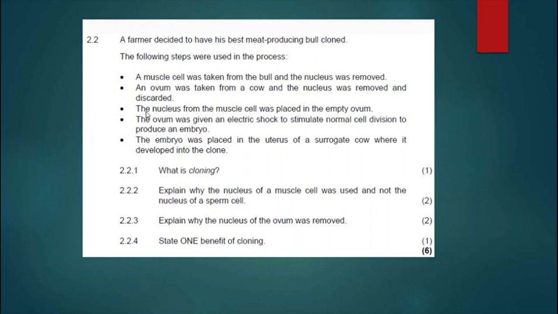This is what I was explaining. The ovum was given an electric shock to stimulate normal cell division to produce an embryo. So this process takes place so that an embryo can be produced. The embryo is placed in the uterus of a surrogate cow where it developed into a clone. So the first question, what is cloning?